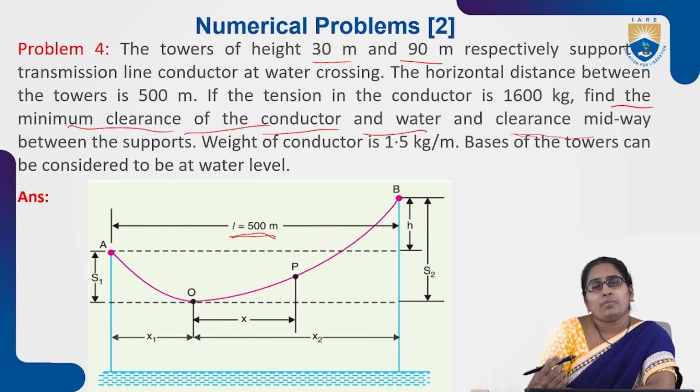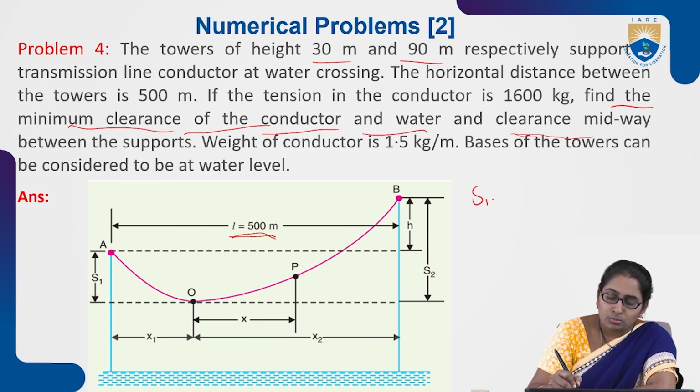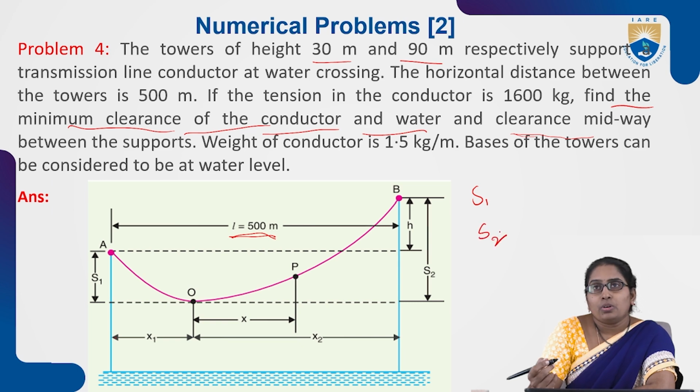And we know how to calculate the sag when towers are at unequal heights. In that case, with respect to the two towers, we have two sags, S1 and S2. We have expressions, so we first calculate the sag based on the concept.